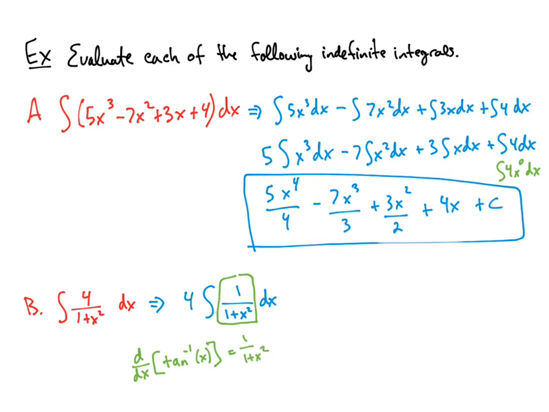Okay, so when we take the integral of 1 over 1 plus x squared, that is just equal to the inverse tangent of x. So the antiderivative of 1 over 1 plus x squared is tangent inverse of x. So we end up with 4 times tangent inverse of x, and then we need the constant term c.